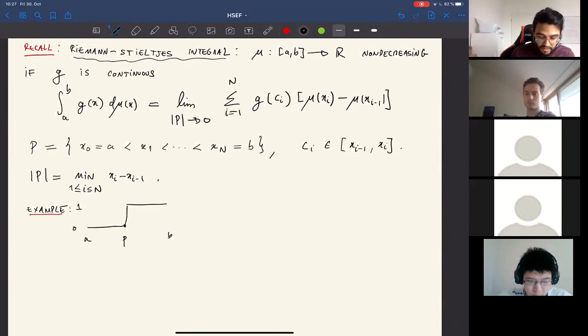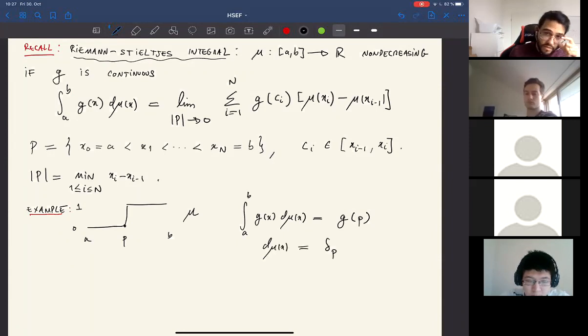Suppose that's your function mu. So what that definition would give us is that the integral from a to b of g(x) dmu(x) would just be g(p). So basically what you're saying is that dmu(x) is just the delta of the point p. Okay, that's what's going to happen.